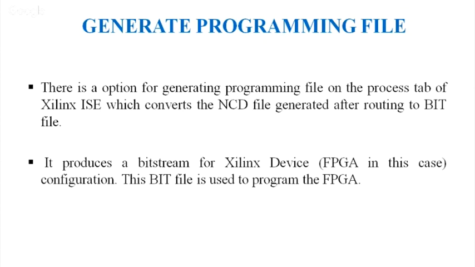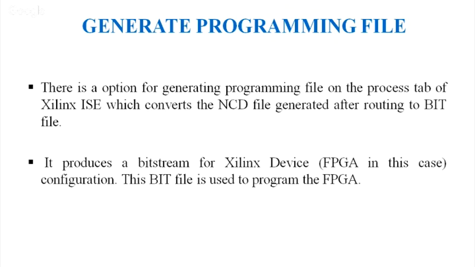After that, the next step is to generate the programming file. Actually, there are multiple steps to produce an executable file, because in the case of FPGA, this executable file is the XSVF file. So to implement our project on FPGA, we need to create this XSVF file.